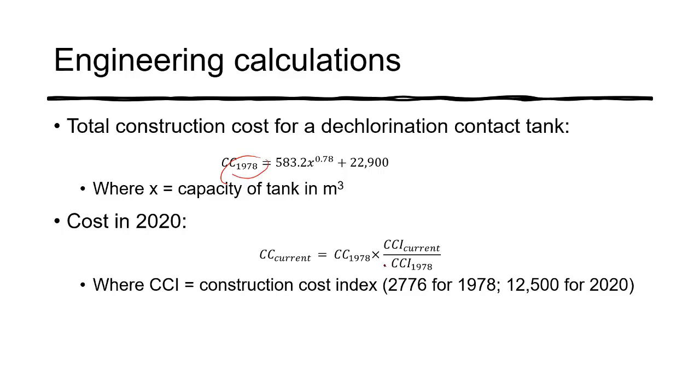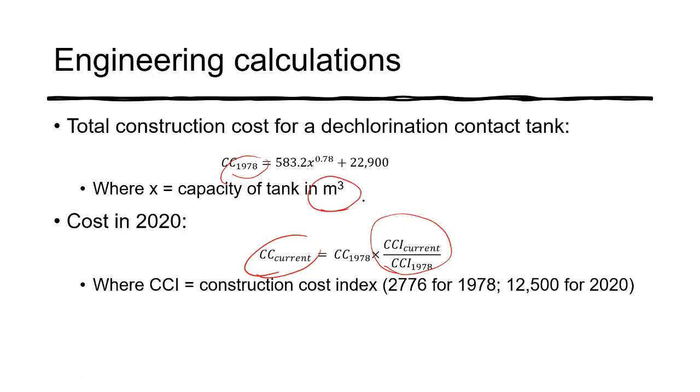You can update that cost using this ratio here, where we have a construction cost index, and you have the value for 1978 and the value for 2020. From that, you can estimate a current construction cost. So that's your construction cost for the chlorination tank.